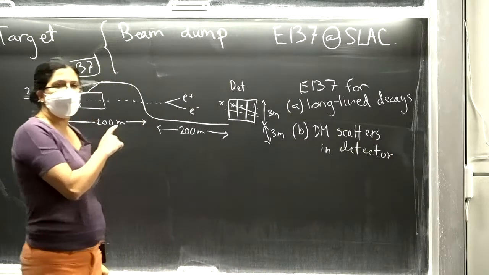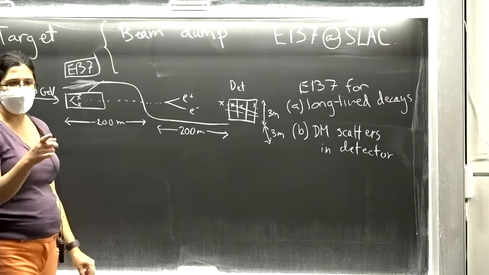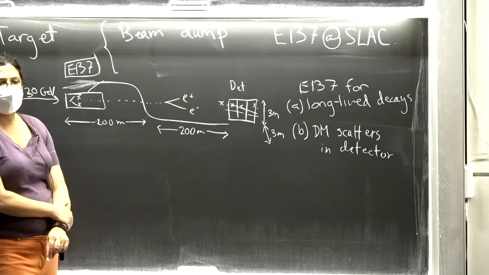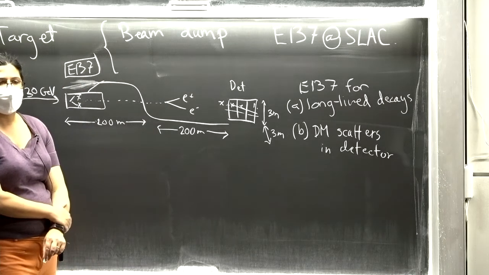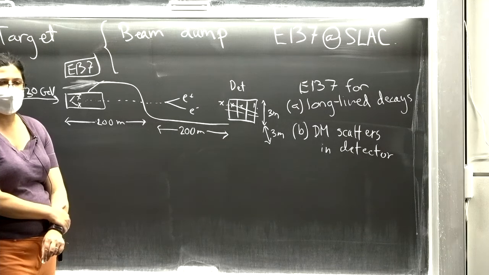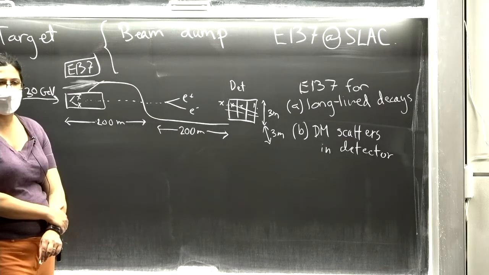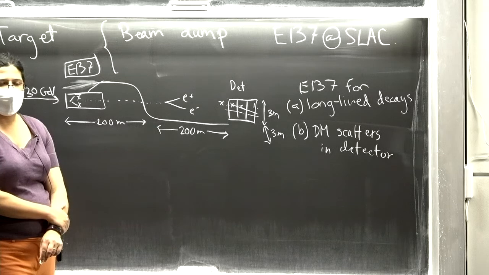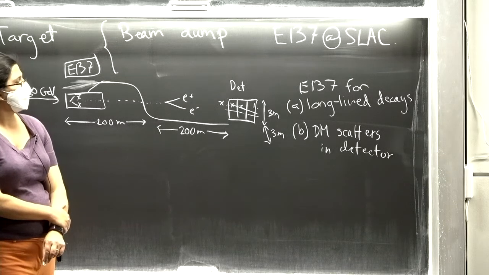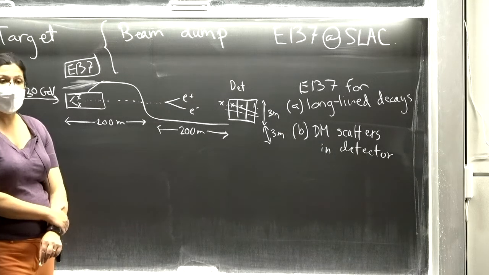I still haven't gotten to the thin target. I will in a minute. Yeah? It seems like they'd be very limited by the fact that this detector is only 3 meters tall. Is there some reason that they wouldn't make it bigger to see more angles? So money is one reason.